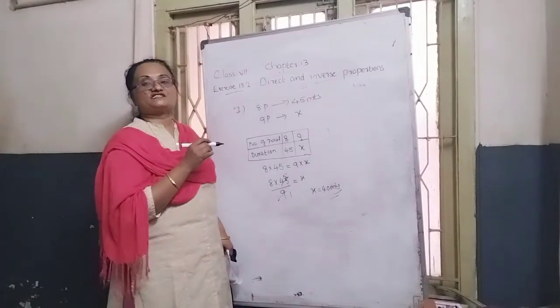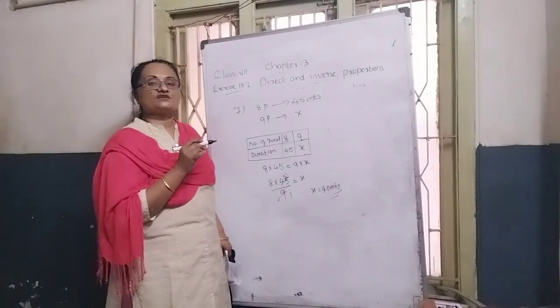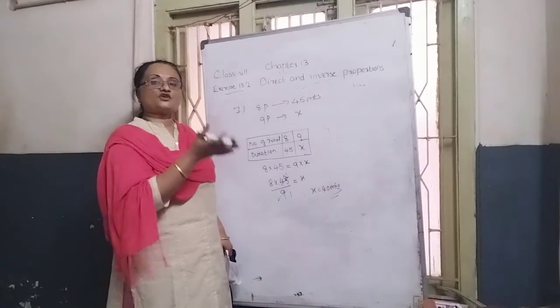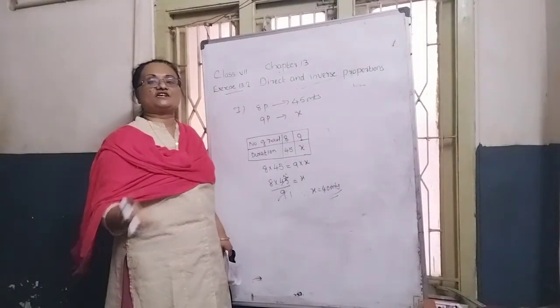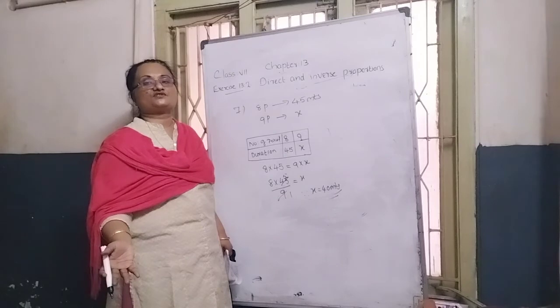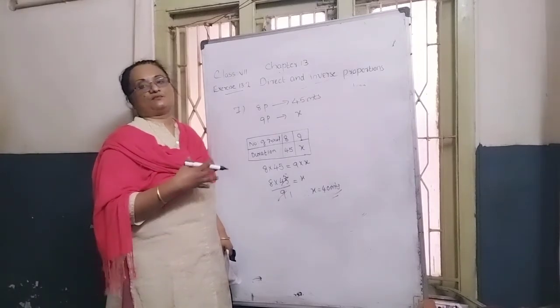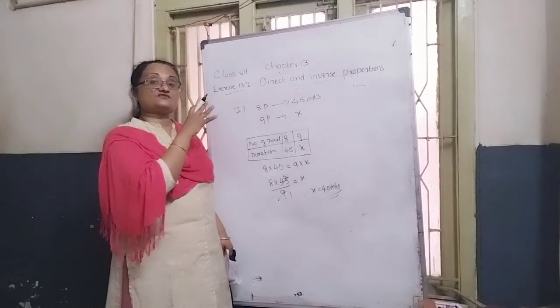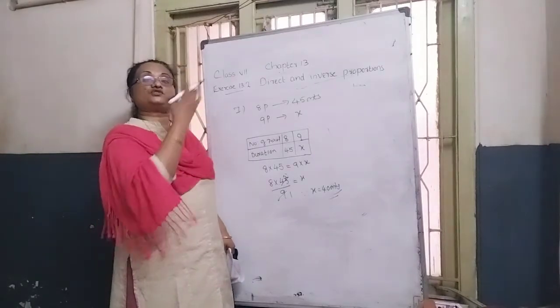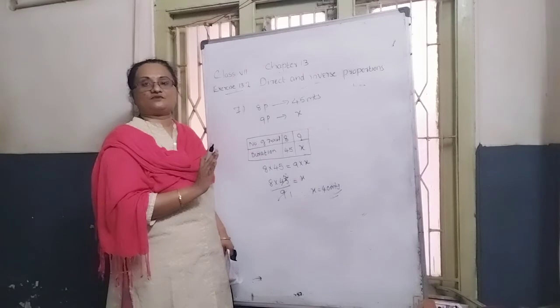In the 8 period case, each period's time duration is 45. See, the number of periods is increased, and the time duration is reduced. That is known as inverse proportion. Direct proportion we learned in the last class. Direct proportion means both quantities increase at a time.